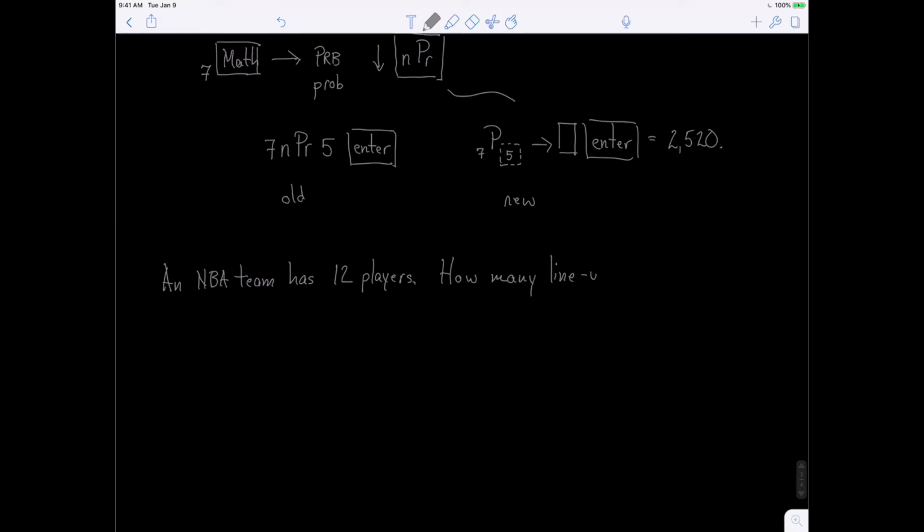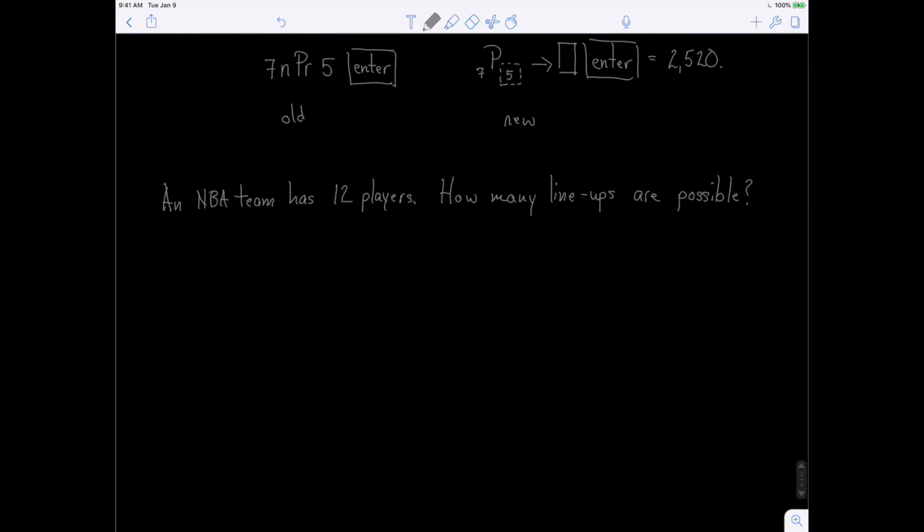Well, let's take a look. In this case, remember when a team plays, there's only 5 people on the court at any time. So we would just have 5 slots, 1 for each position.